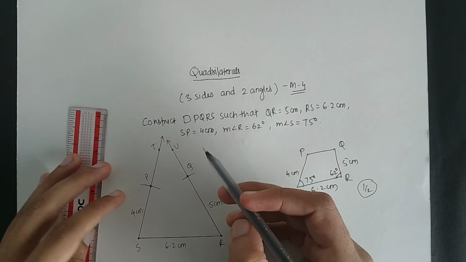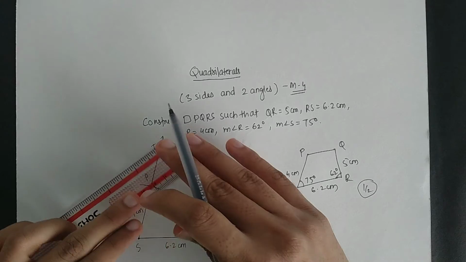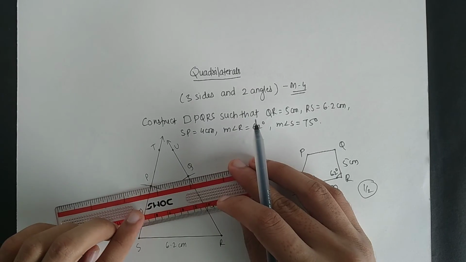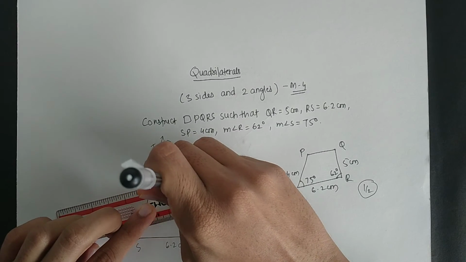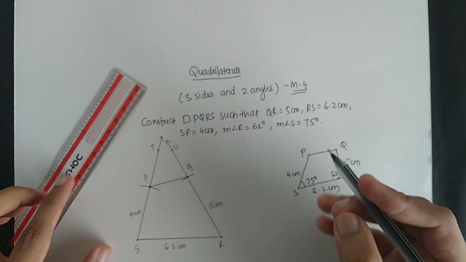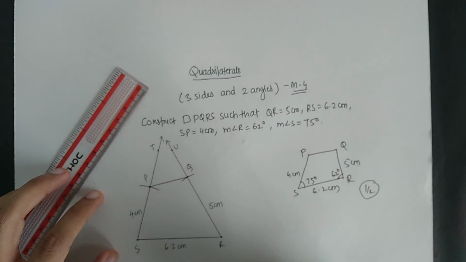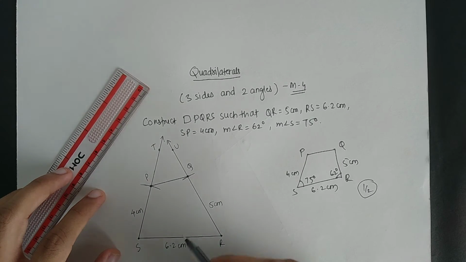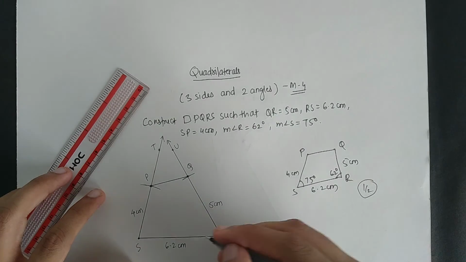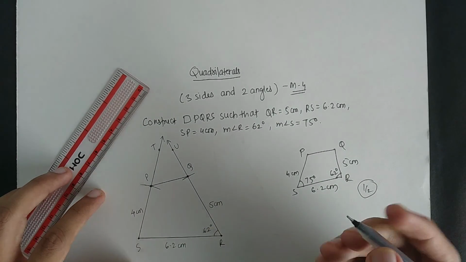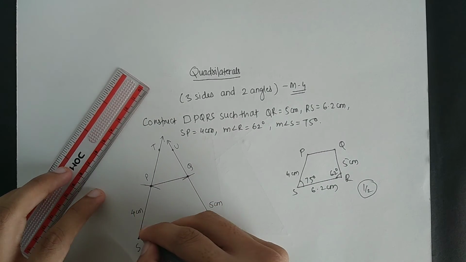Now we have got the two points P and Q, and we can join them, and thus we will complete the quadrilateral PQRS, where PS is 4 centimeter, SR is 6.2 centimeter, QR is 5 centimeter, angle R is 62 degree, and angle S is 75 degrees.